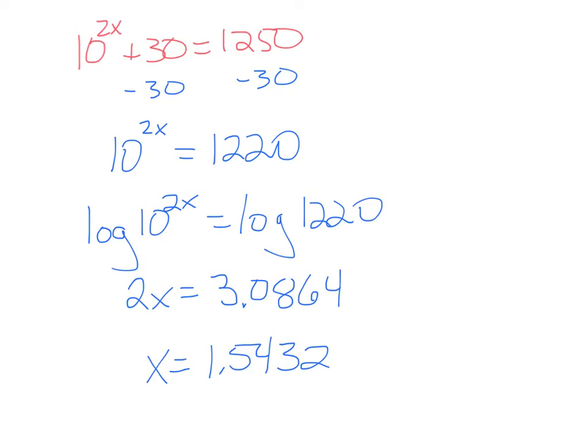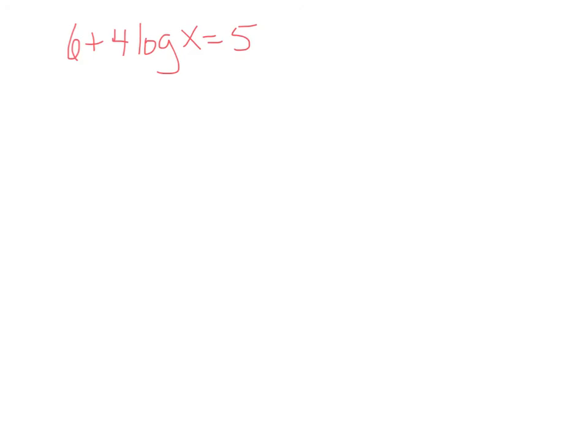So now we're going to move on to some examples where we're going to use the properties of logarithms a little bit. I do want to add a little bit to this idea of the logarithm of the base to a power because we can use it in a different way. But similarly, we want to get all numbers on one side if at all possible, or at least as close as we need to.